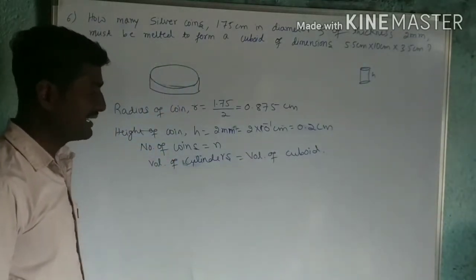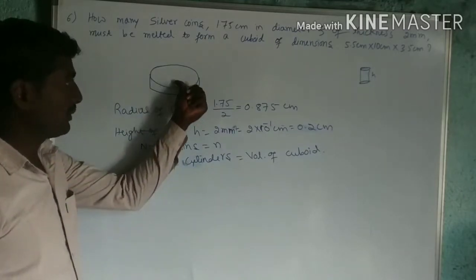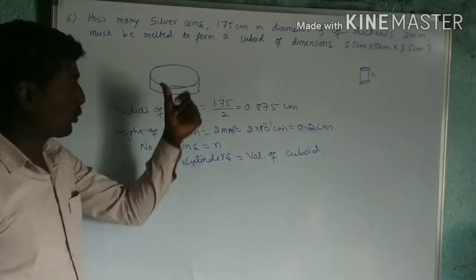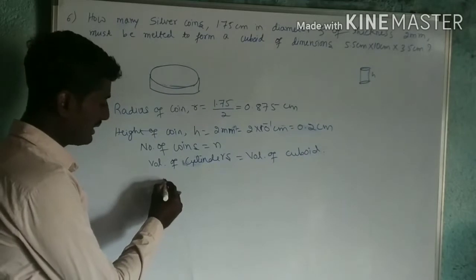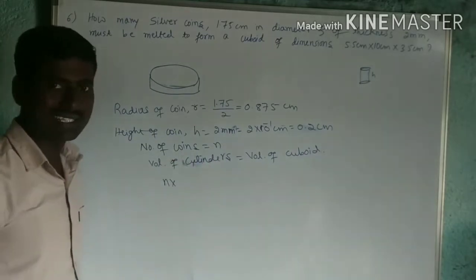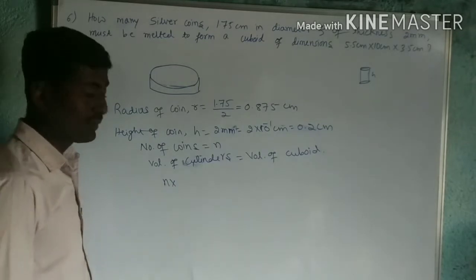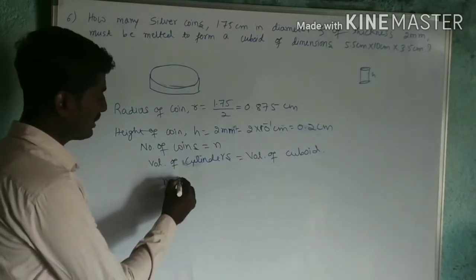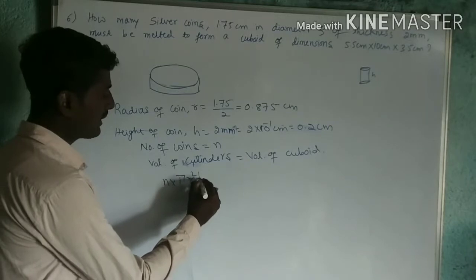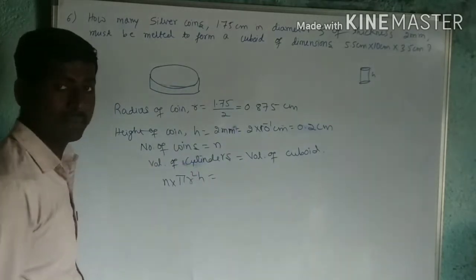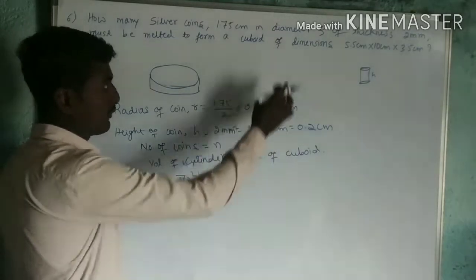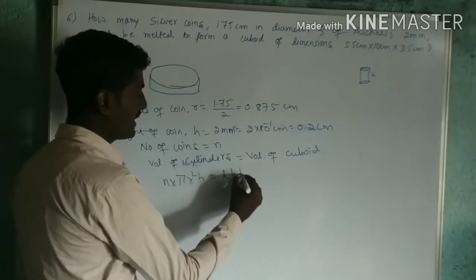Now, for the volume of cylinders: they have given one coin, and we don't know how many cylinders there are, so I multiply n into the volume of a cylinder, that is pi r square h. The volume of the cuboid is LBH.